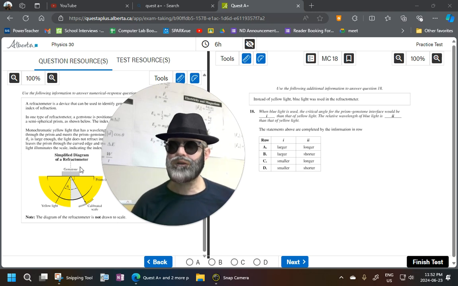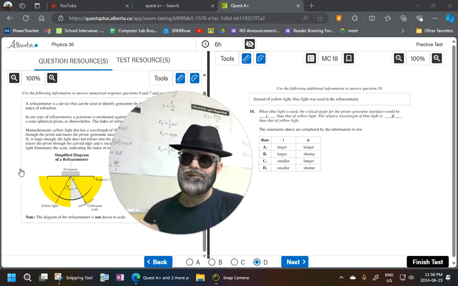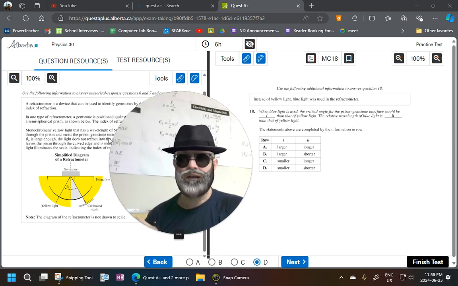No, this wouldn't work either, because as it goes in, the wavelength's going to change as well. So I don't know what the wavelengths are. I can compare the wavelengths, but I can't compare angles. Or can I? Okay, so I don't know what they're trying to do in this question.